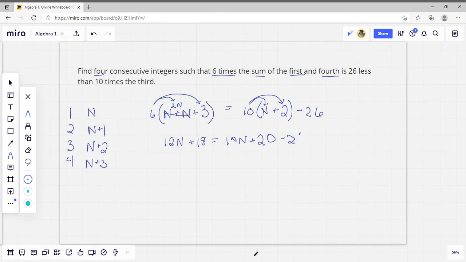Alright, now I got to get my n's together and add like terms. So this would end up being negative 6. Alright, so let's subtract 10n from both sides to get the n's together.